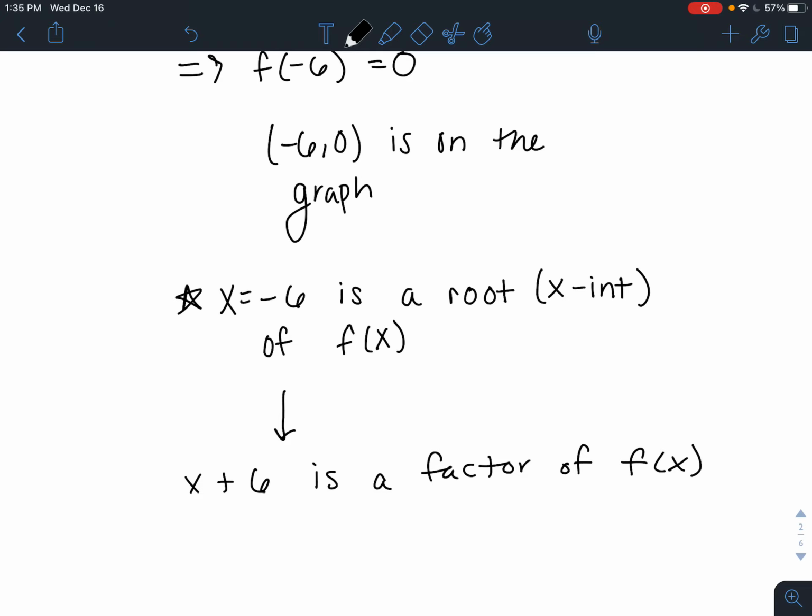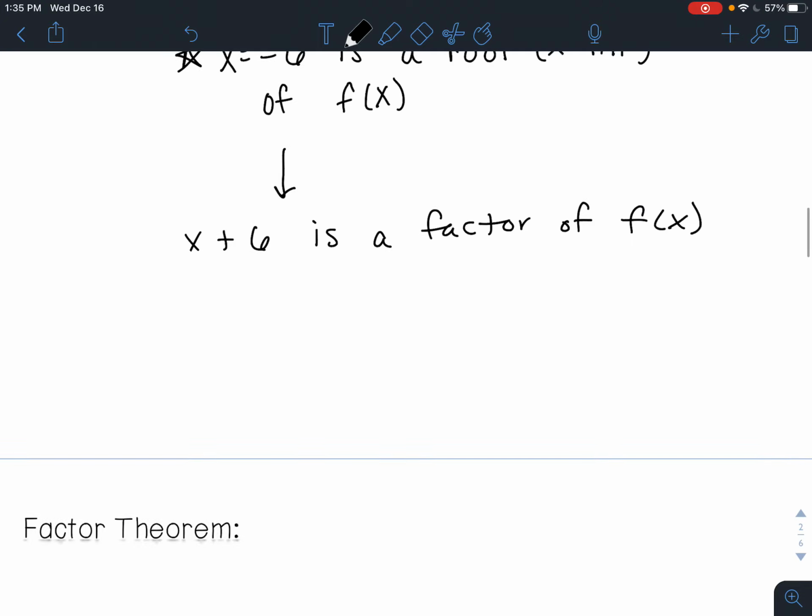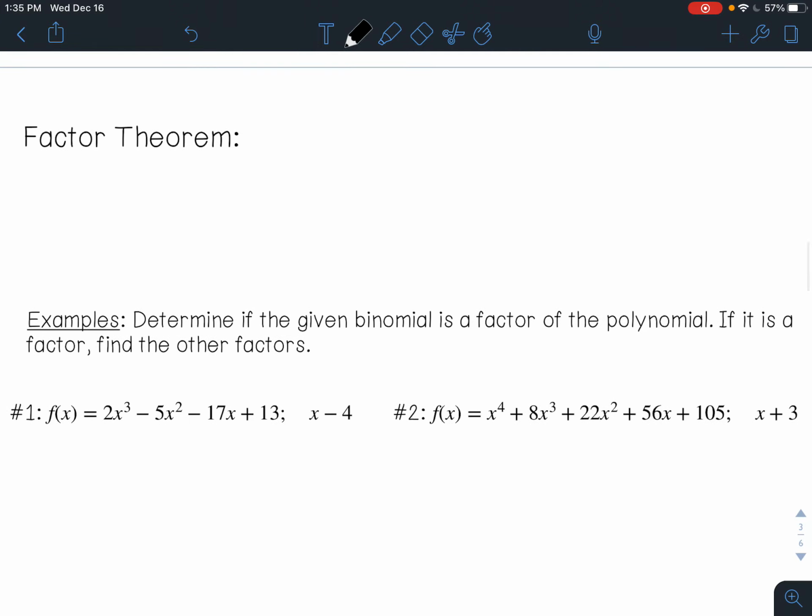So we're going to formally define the factor theorem and go through a couple examples of how we use it. So officially what the factor theorem says is the binomial x minus a number. Most books will use a variable there, like x minus a or x minus c or whatever.